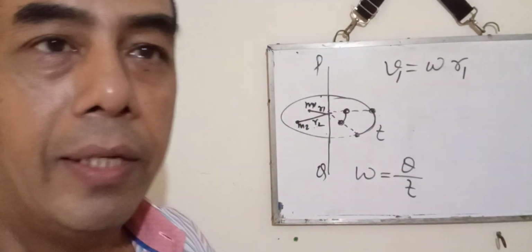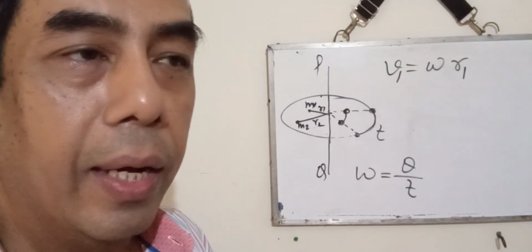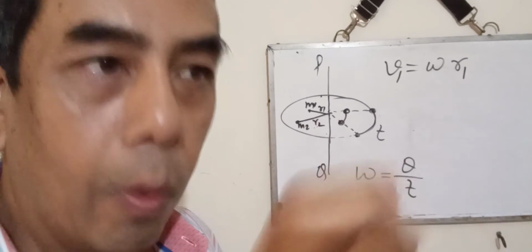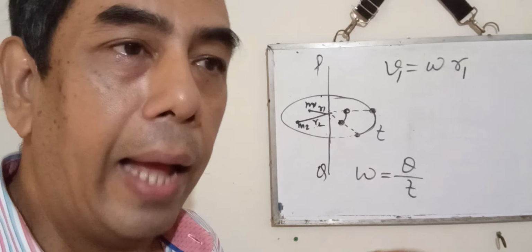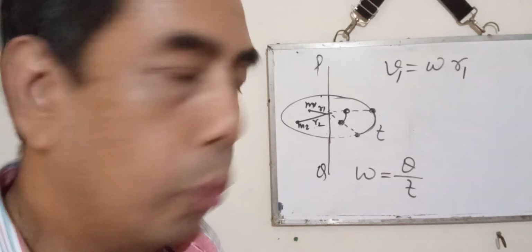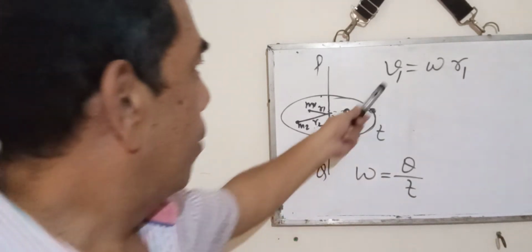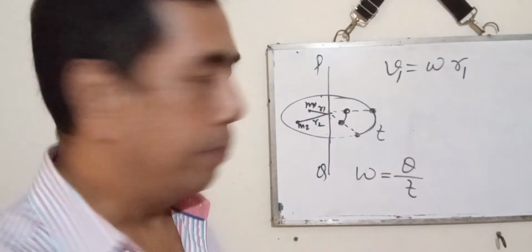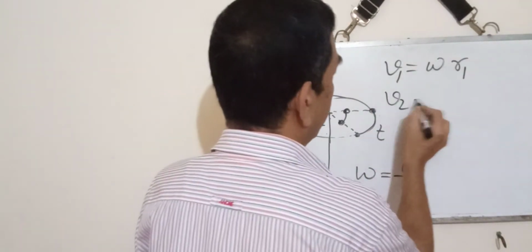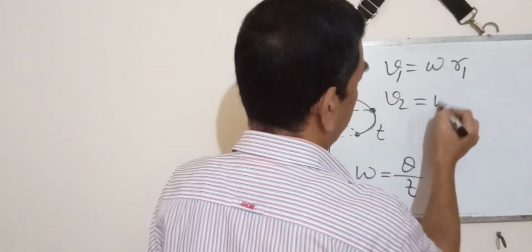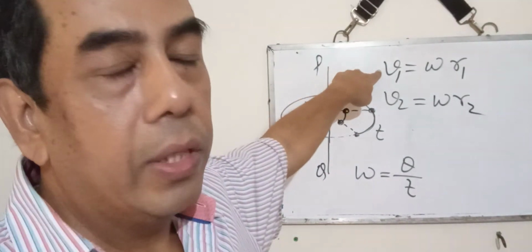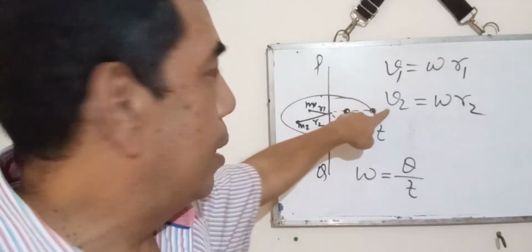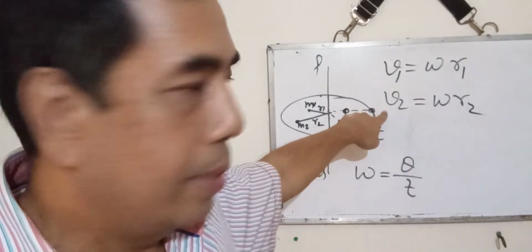The distance between the center and m1 is r1, and between the center and m2 is r2. So v1 equals omega r1, but omega is the same. For mass m2, the velocity v2 equals omega r2. This is the linear velocity for m1 and this is the linear velocity for m2.